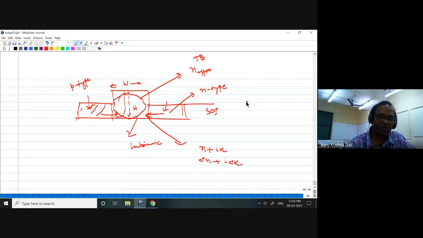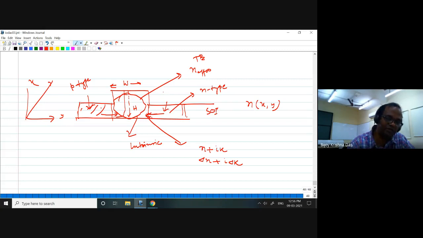The refractive index will become a function of x and y. This is y, this is x, and this is your z direction. So in the xy plane, it is not like a step type. Earlier it was also xy dependent, with cladding, but within the core region we now see that the refractive index is modulated.